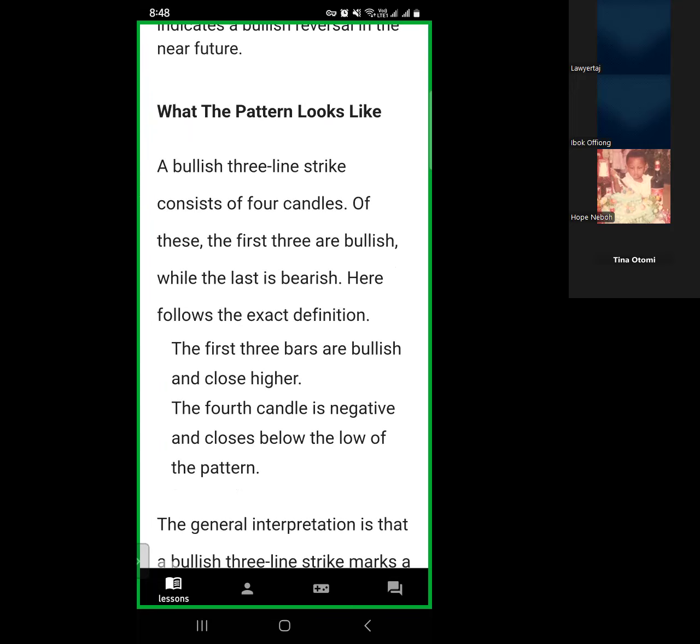A bullish three-line strike consists of four candles. Of these, the first three are bullish, while the last is bearish. Here follows the exact definition. The first three bars are bullish and close higher. The fourth candle is negative and closes below the low of the pattern.